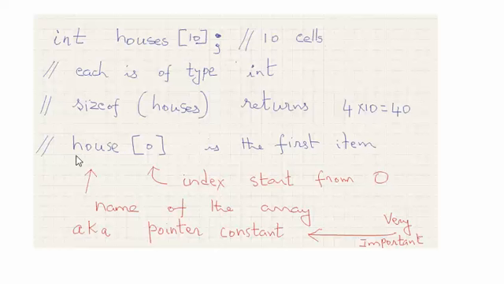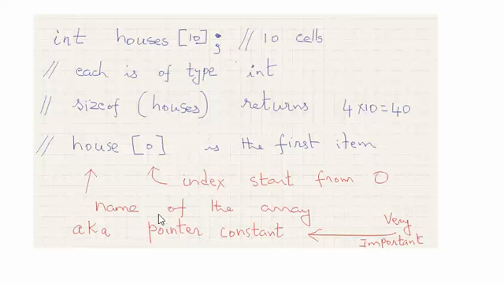The name of the array is also known as a pointer constant. That means it always points to the first cell and it never changes. That's why it's called a pointer constant, and that's a very, very important concept.